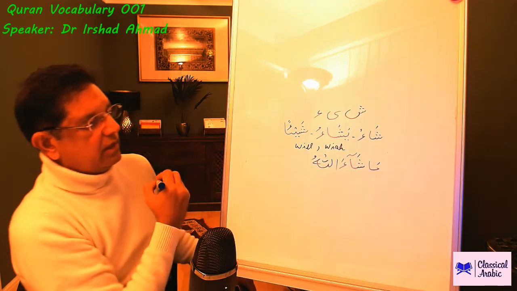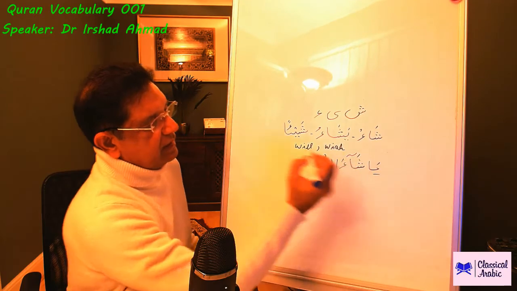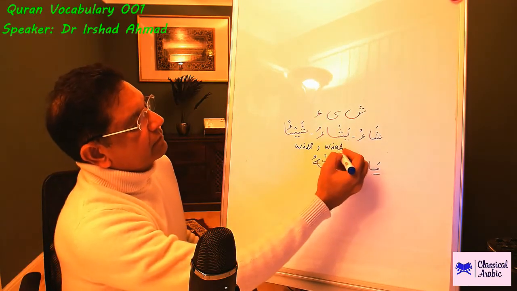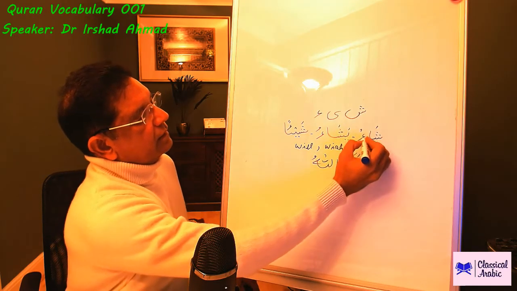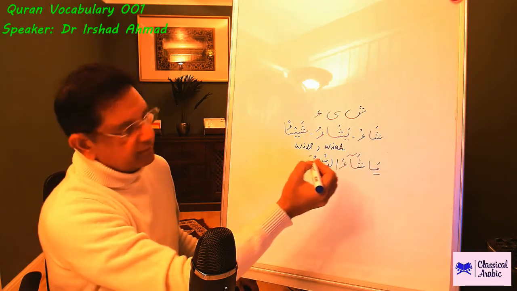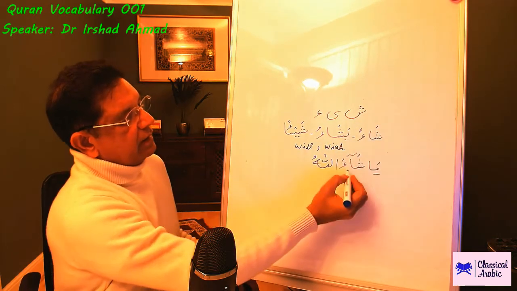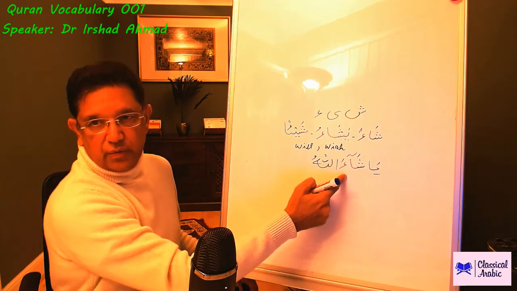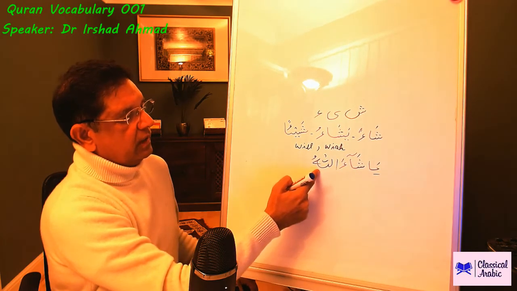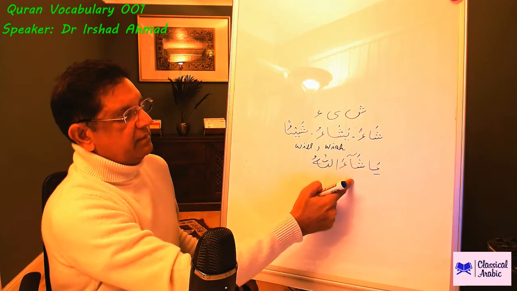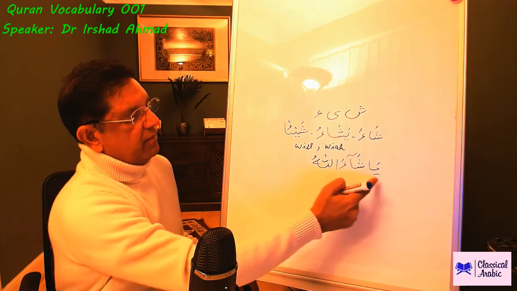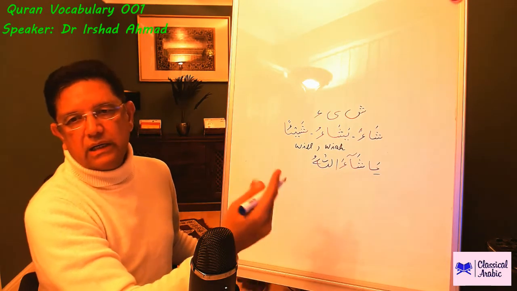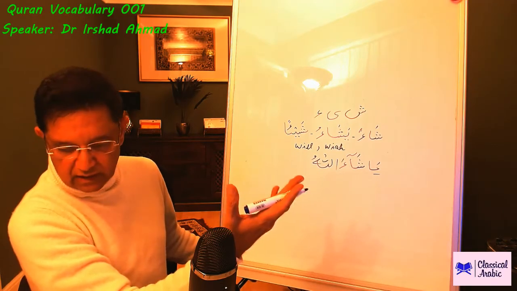Ma is separate here, it is a noun, and then Sha'a. Sha'a Allahu: he wished, Allah wished. Nasara, he helped; Nasar Allahu, Allah helped. Ma Sha Allahu: whatever Allah wished, or whatever is Allah's will. That's the meaning of that.